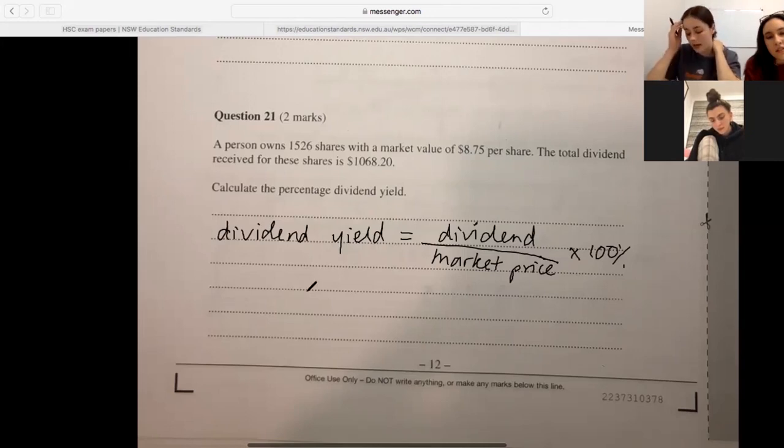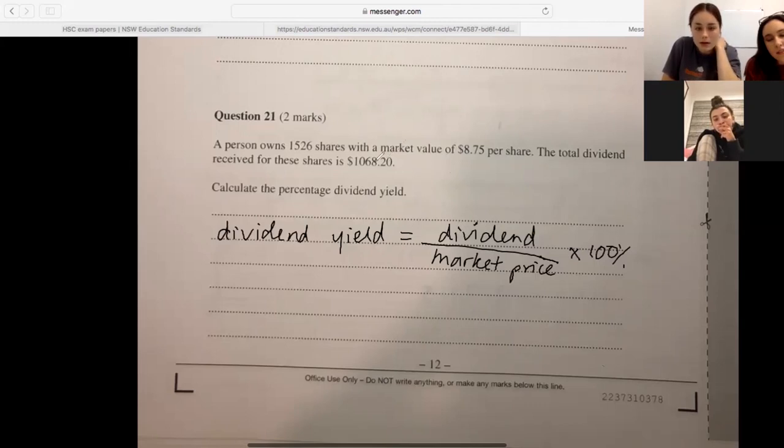Okay, have you copied down the formula? Almost. Cool. Okay. So some dividend yield questions like this would be really nice and you can just sub them in.